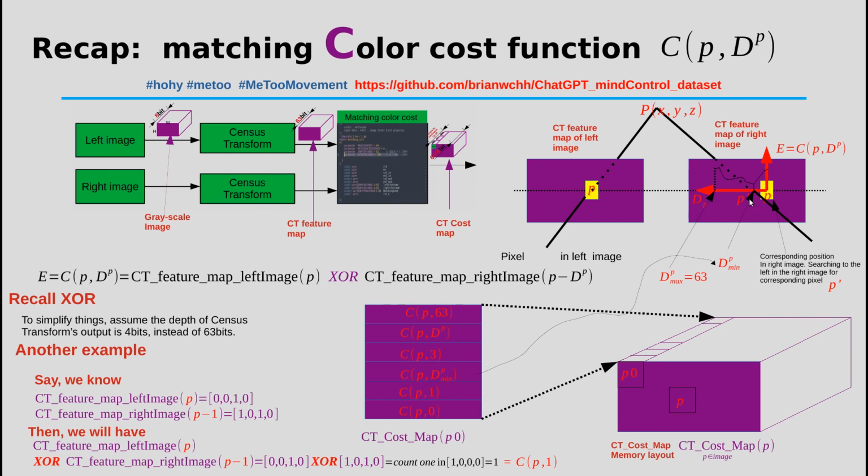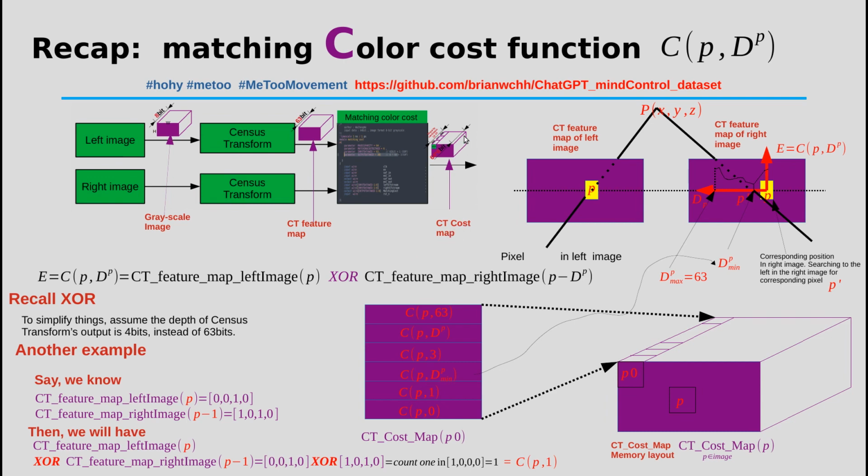Hopefully we will find this P prime using the color information alone. It means the sensor transform alone. But as we mentioned in the last episode, it should not be enough. It would be better for the algorithm to consider the smooth constraint.